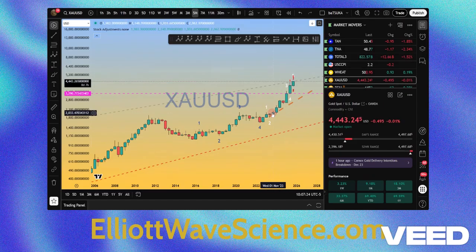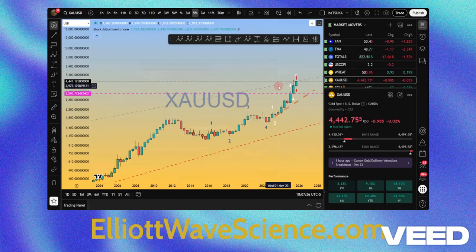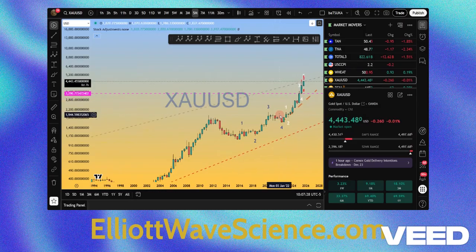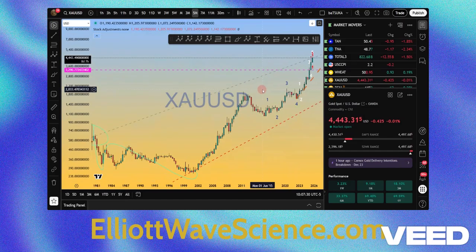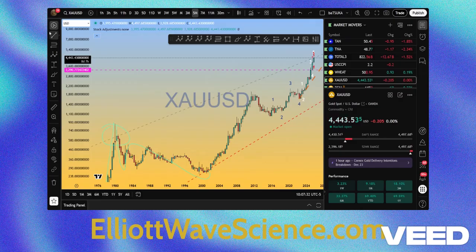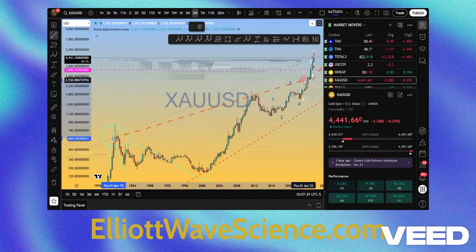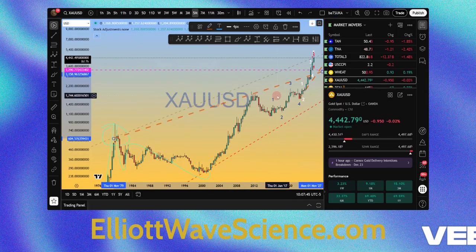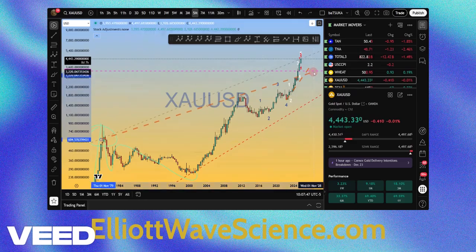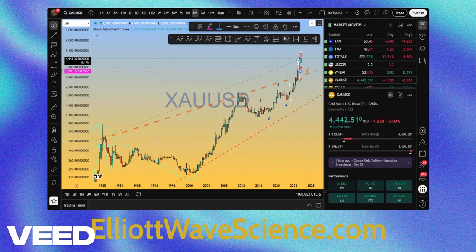Based on this macro trend line here, but more importantly, based on the wave count, I think that gold is going to be due for a pretty important, pretty big drop here over the next quarter. Looking at this trend line as well, you can see it points to maybe an even lower level, somewhere around here.